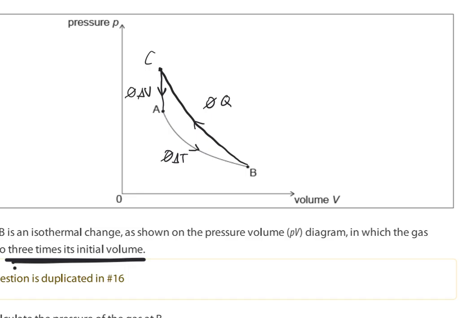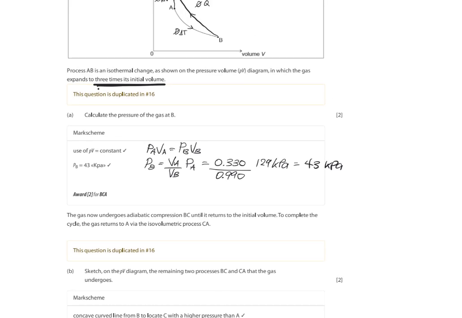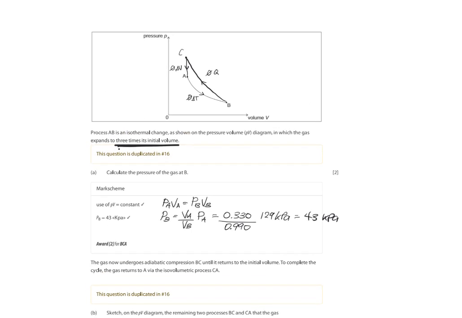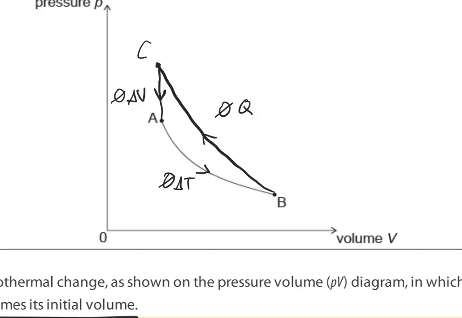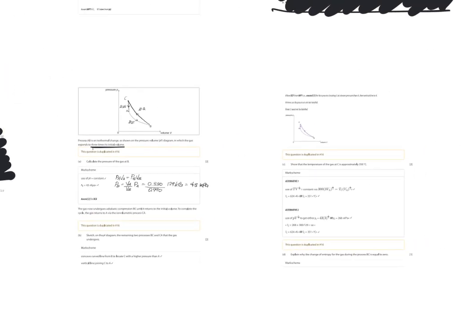So there we have it. Sketch on the PV diagram the remaining 2 processes, BC and CA, that the gas undergoes. I just did that. There it is. The curves. Concave curved line from B to C with a higher pressure than A, and then vertical line joining C to A. Dunzo.